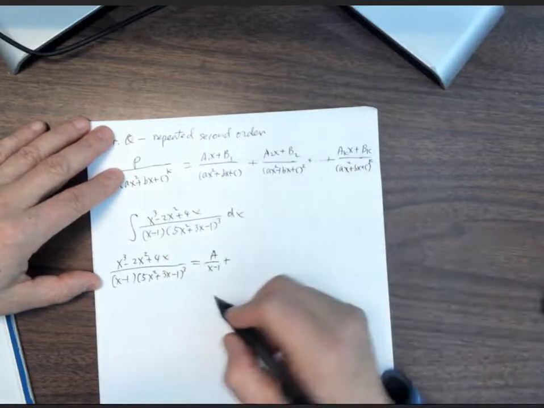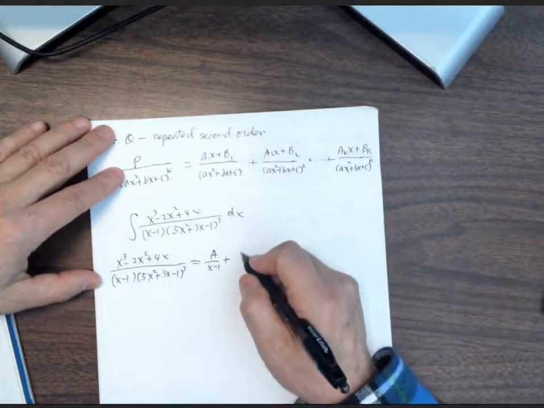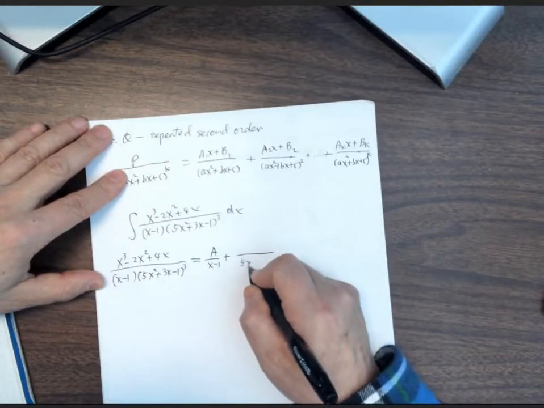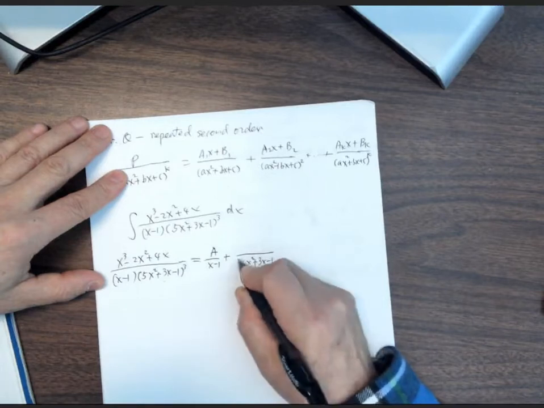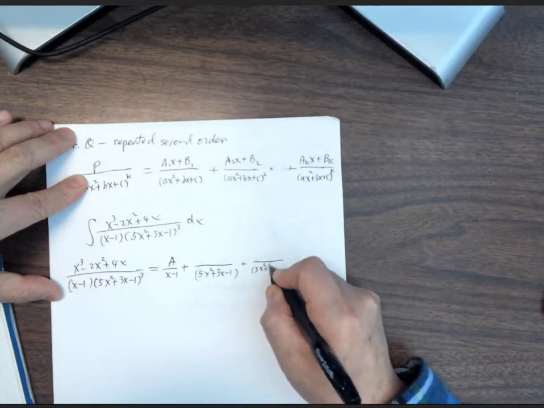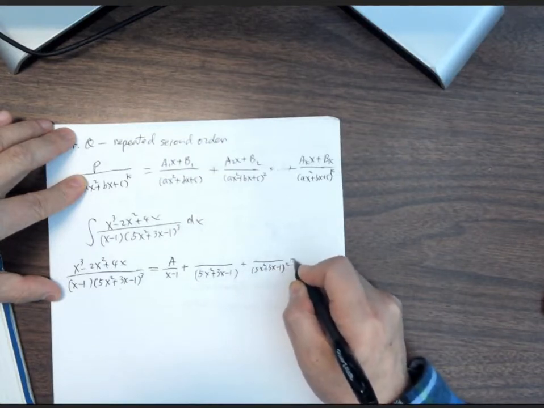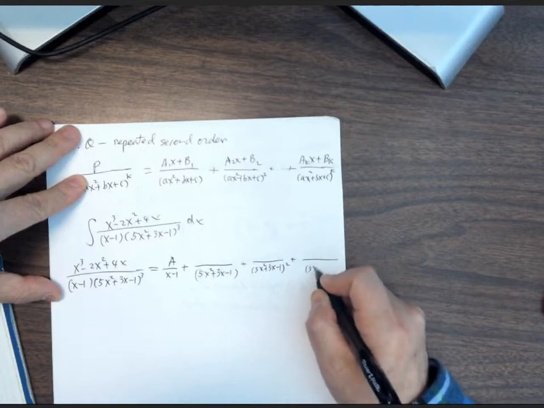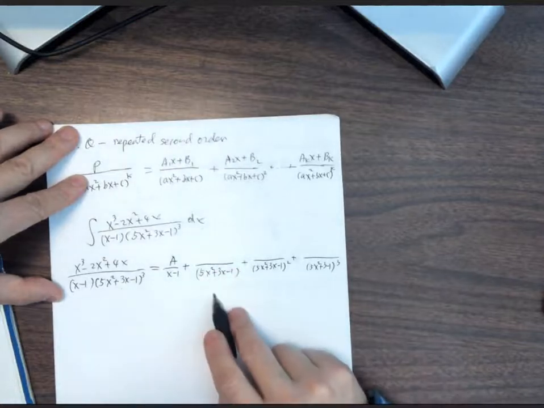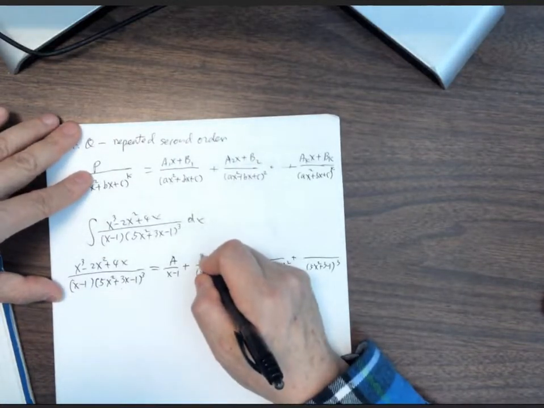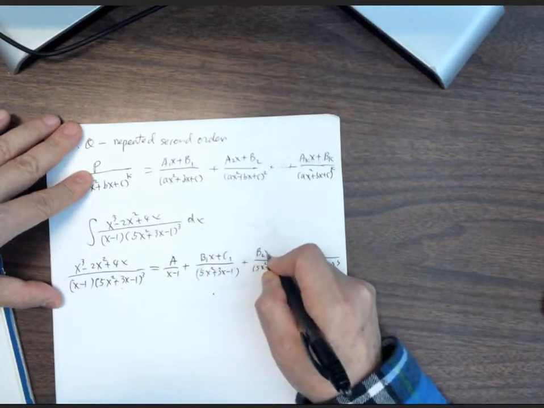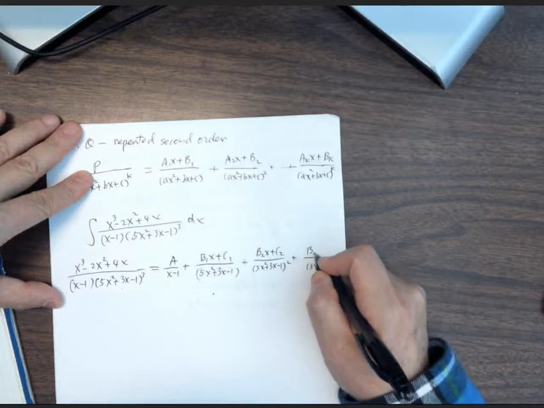So we would have to have a partial fraction with 5x squared plus 3x minus 1 raised to the first power, to the second power, and to the third power. Now on top of each, there's going to be a first order: b1x plus c1, b2x plus c2, b3x plus c3.